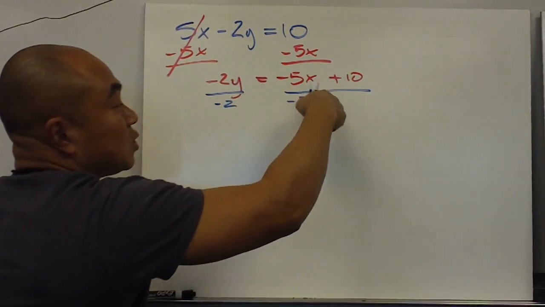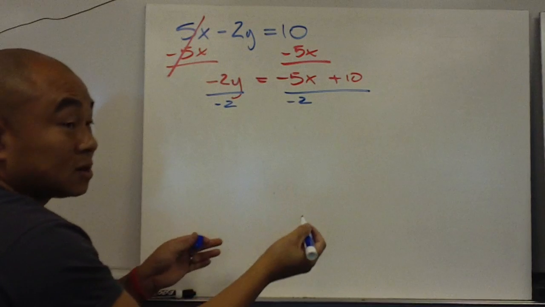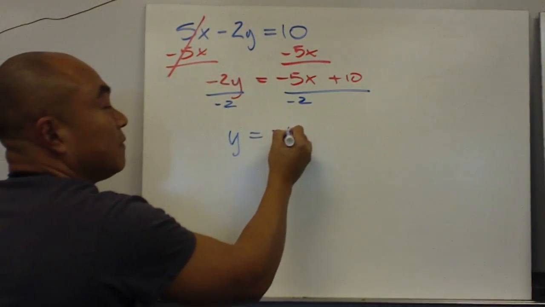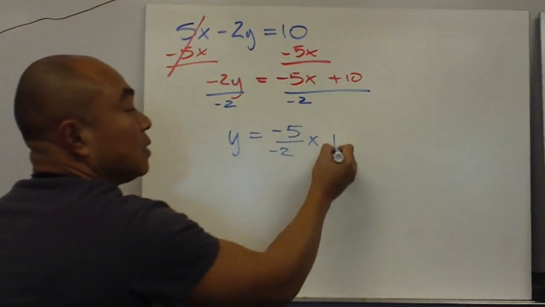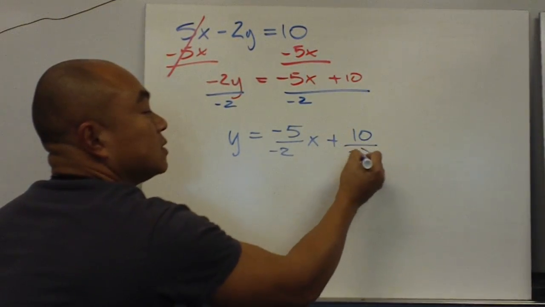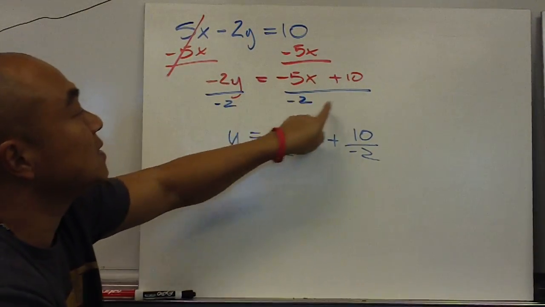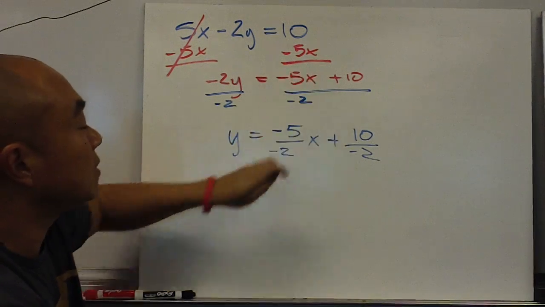So in essence, you're dividing this by negative 2 and this by negative 2. It's going to look like y is equal to negative 5 over negative 2 x, and then plus 10 divided by negative 2. Because remember, you're dividing both things.